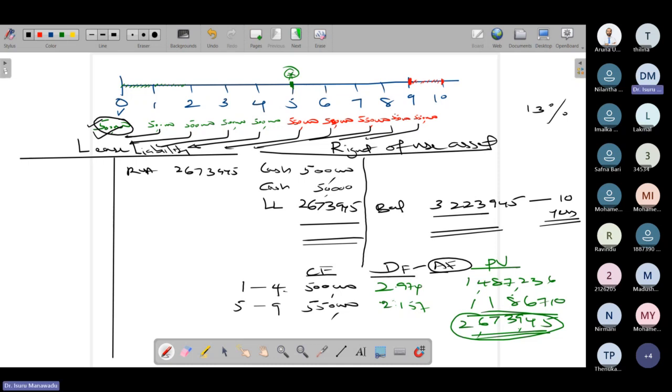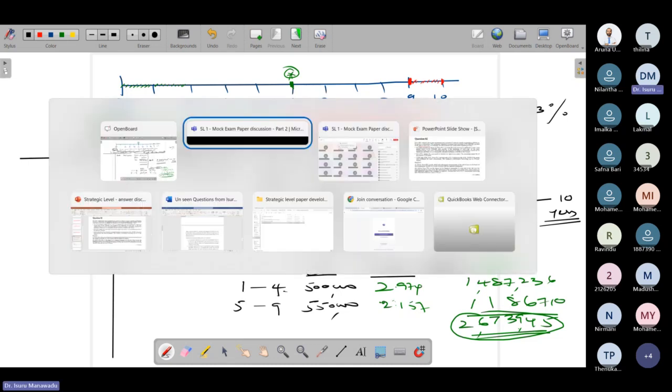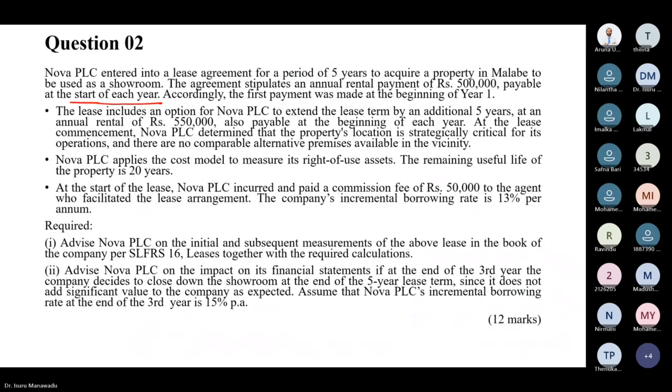Then we can continue. Now, in the second part, there is additional information given. Advise Noah PLC on the impact on its financial statements if at the end of the third year, the company decides to close down the showroom at the end of the fifth year lease term.